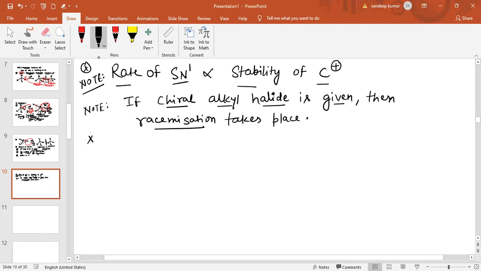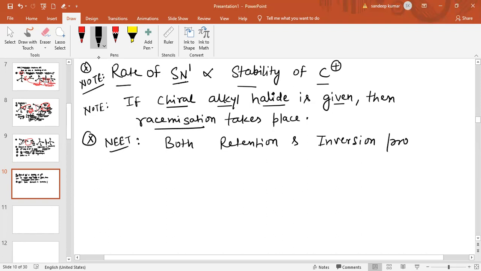In SN1, both retention and inversion products are obtained. This question has been asked in NEET. Both retention and inversion products are obtained in SN1.